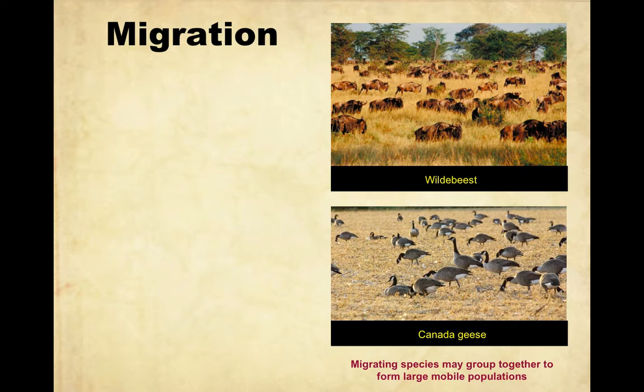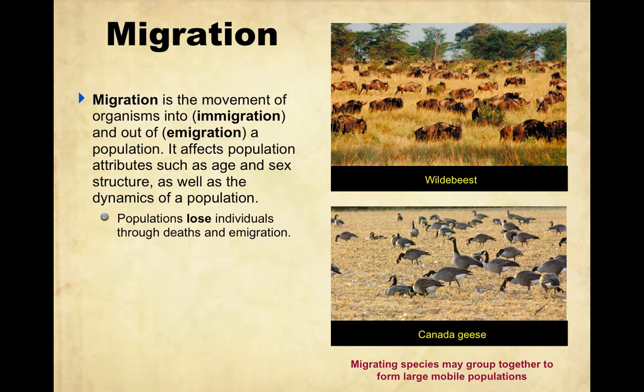When we're looking at migration, we're looking at basically how things can move in and move out of a population, okay? So immigration and emigration. Immigration is organisms moving into that population, and emigration is organisms moving out of that population.